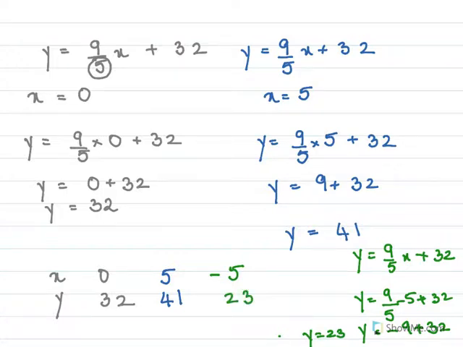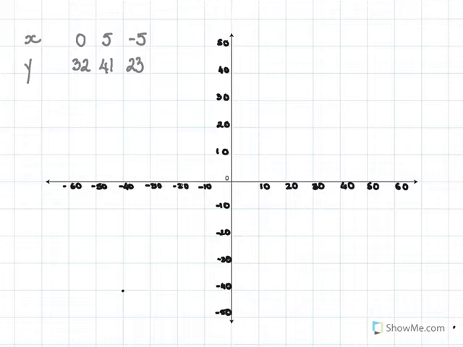Now let's go ahead and plot these points. Now let's write the x's. X-axis we know is Celsius, so we put Celsius here, and the y-axis is the Fahrenheit. So first point is (0, 32), and that will be somewhere here.